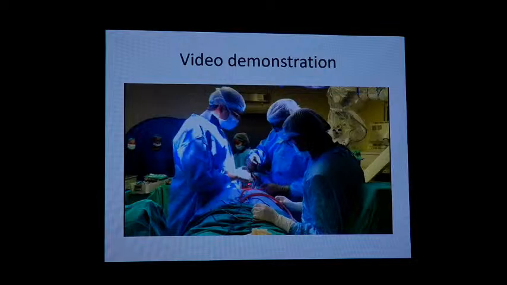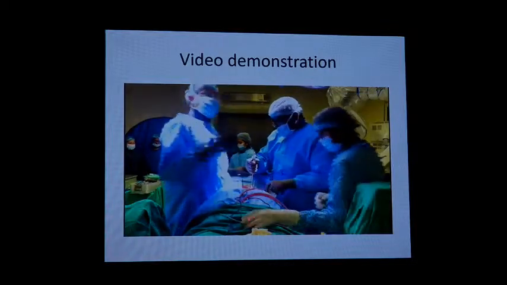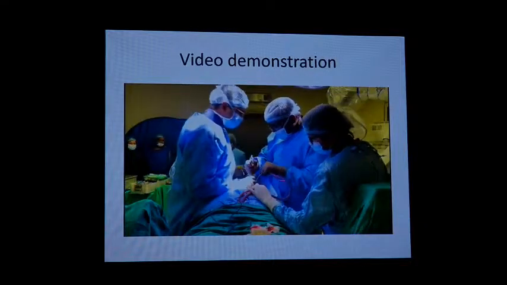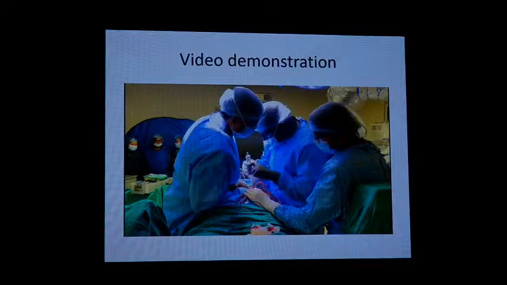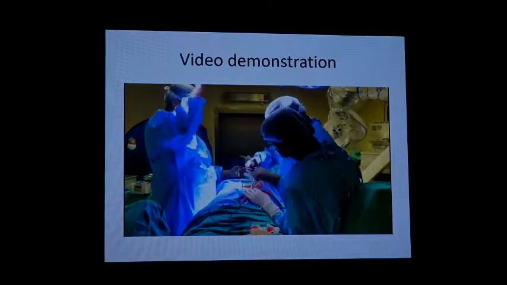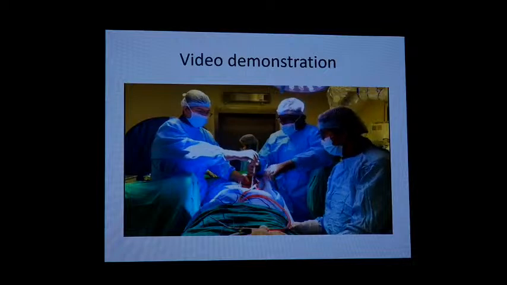Once the screws are placed, you have to make sure of the insertion of the rod. The rod gets inserted through the pillars of the screws, so there is no necessity to make a separate incision. It depends on the set which you are using. So you have to confirm that the rod is on either side of the screw heads, and once you have confirmed it, you place your nuts.